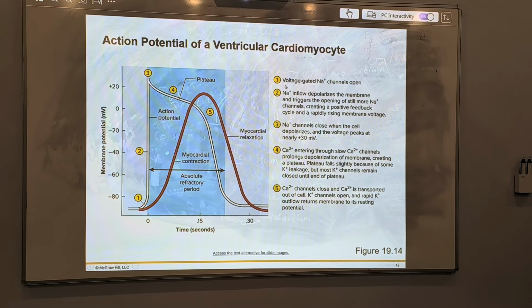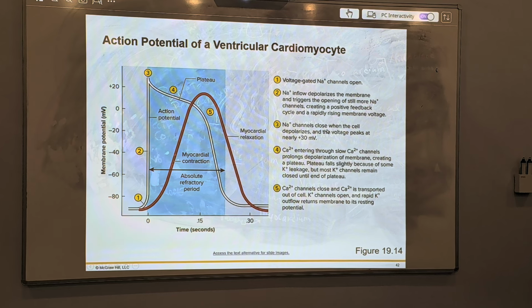So here, the voltage-gated sodium channels open, and sodium inflow depolarizes the membrane and triggers the opening of still more sodium channels, creating a positive feedback cycle and a rapidly rising membrane voltage.